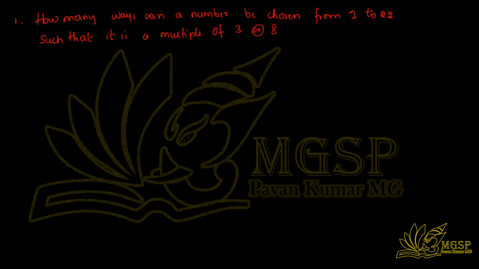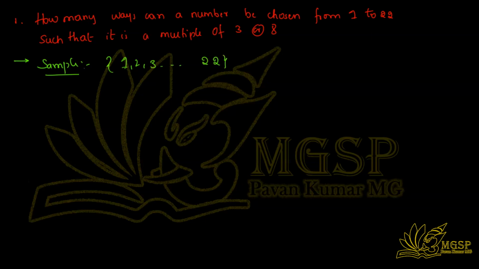Here they have given the sample space. First you need to write the sample space. The sample space is nothing but the values that lie from 1 to 22. So let's write the sample space: 1, 2, 3, and so on up to 22.